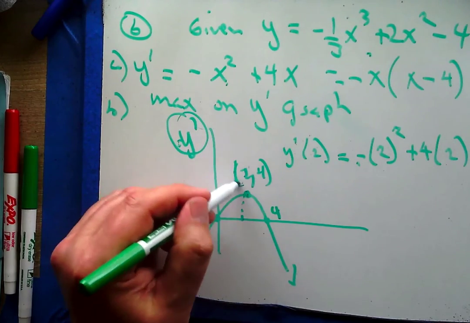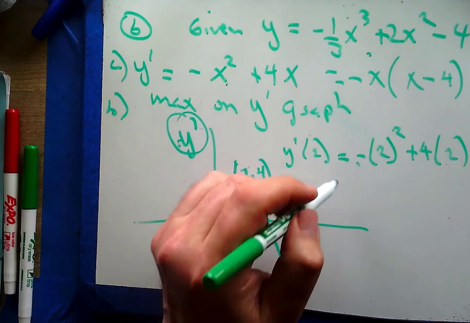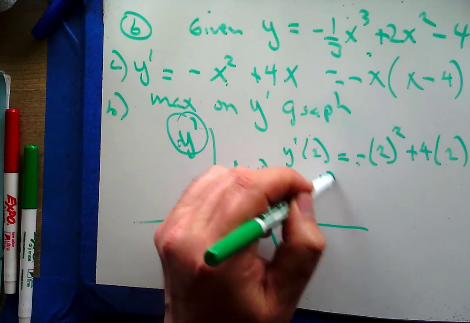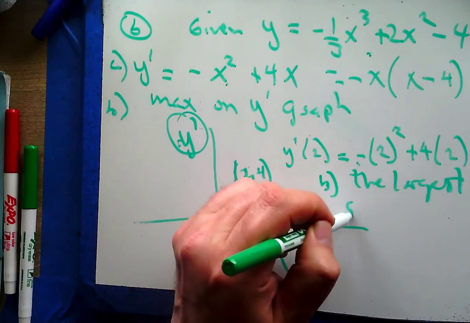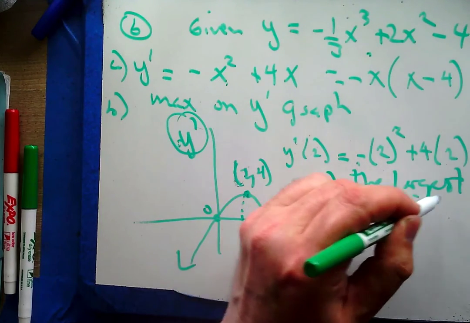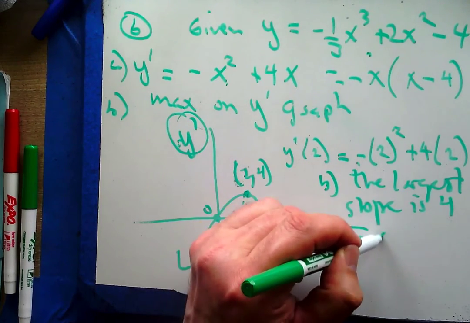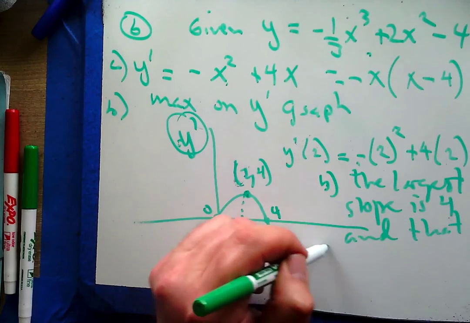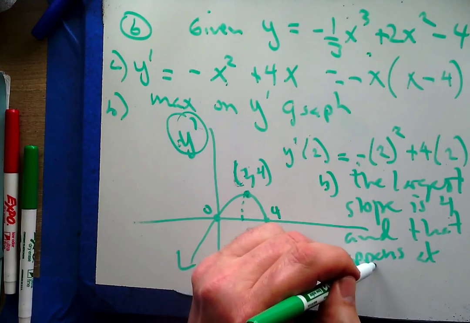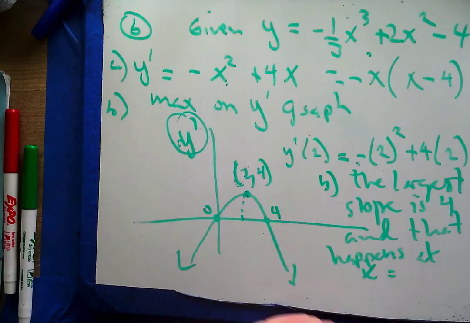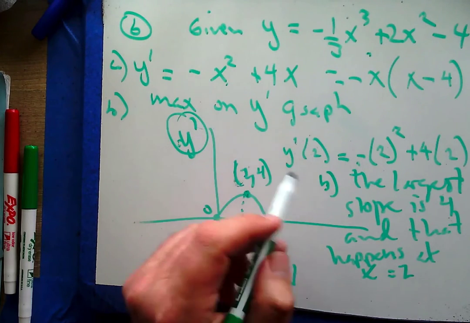So the answer to question B is the largest slope is 4, and that happens at x equals 2. Okay, so that was part B.